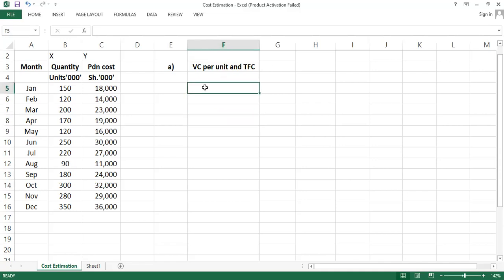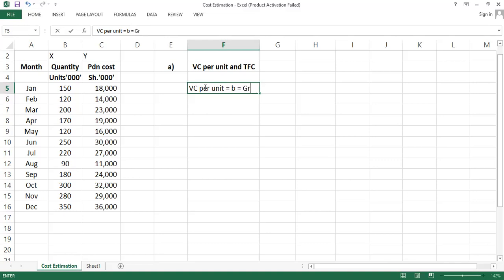Allow me to remind you that the variable cost per unit in our equation is the value of B. Variable cost in our equation, remember, is the value of what? The value of B. Now B is the same as what I had also called the slope.